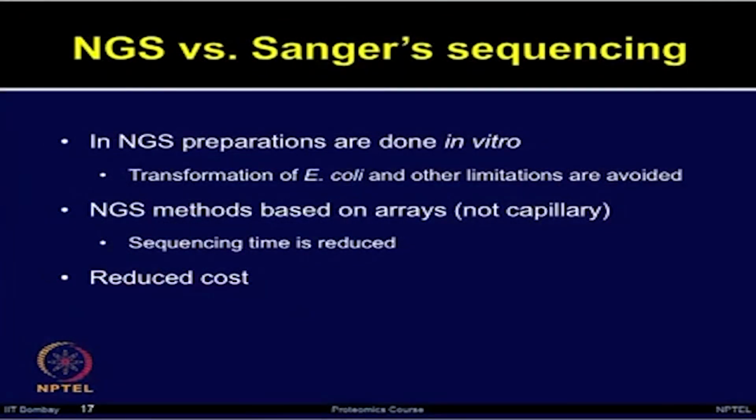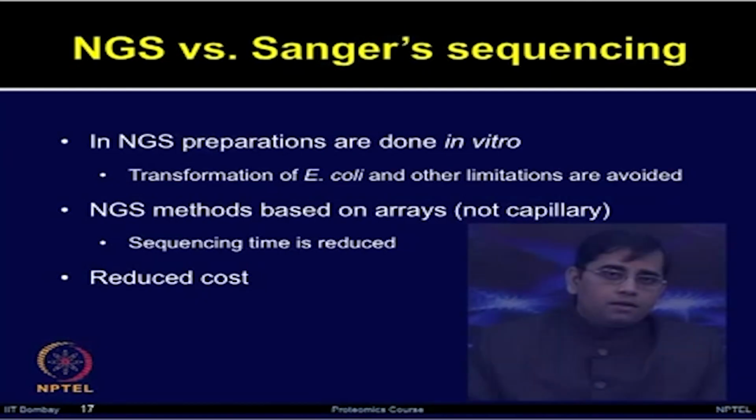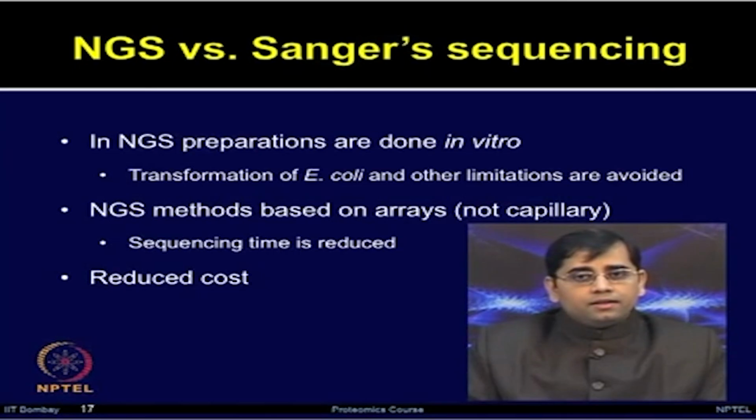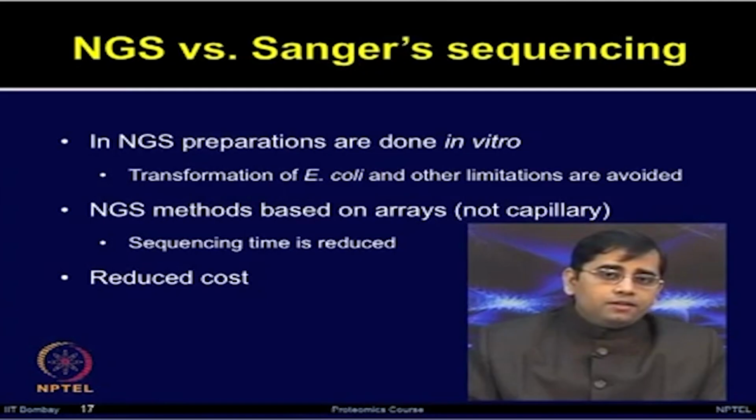So, let us discuss the advantages and disadvantages of next generation sequencing versus the traditional Sanger based sequencing. In next generation sequencing, the preparations are done in vitro, whereas in Sanger's method, as we discussed, the transformation of E. coli is done. So, these types of limitations can be avoided by using the NGS method.